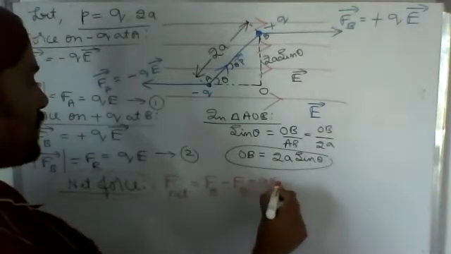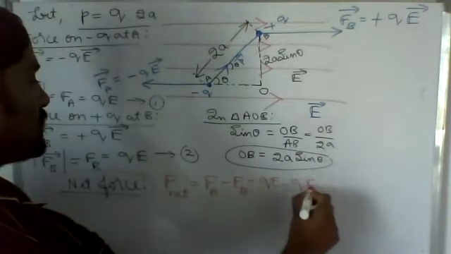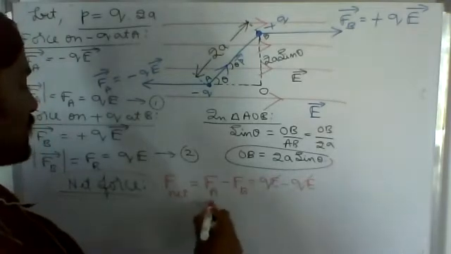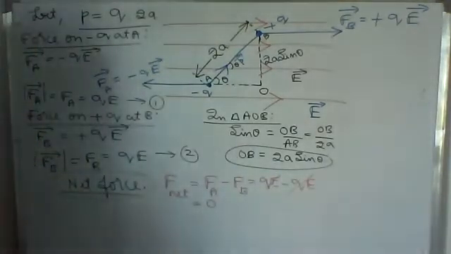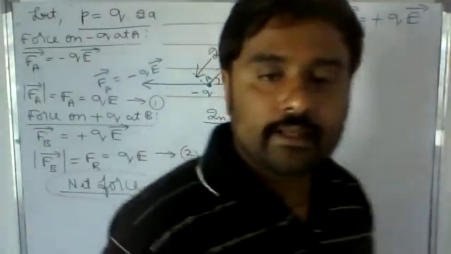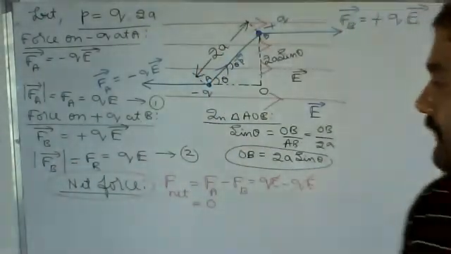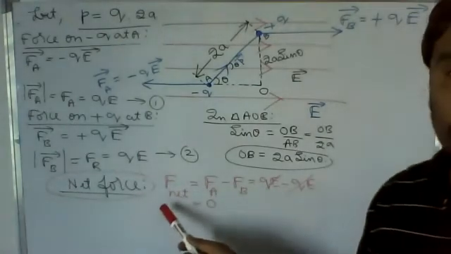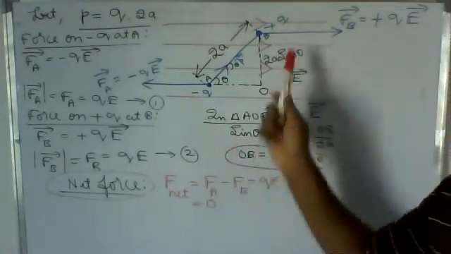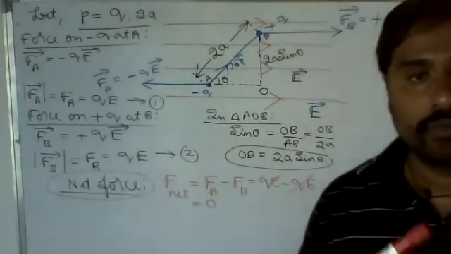That means QE minus QE, so both get cancelled. That is equal to 0. So if an electric dipole is placed in the presence of a uniform electric field, the net force acting on the electric dipole is equal to 0.